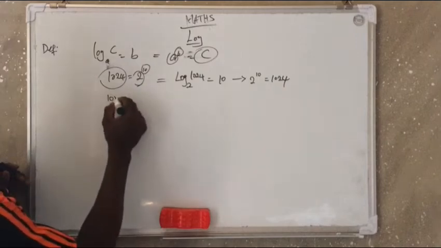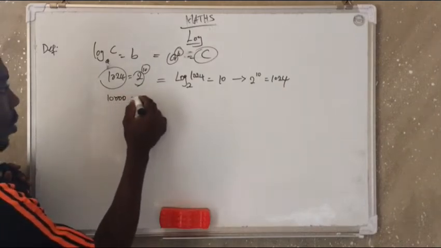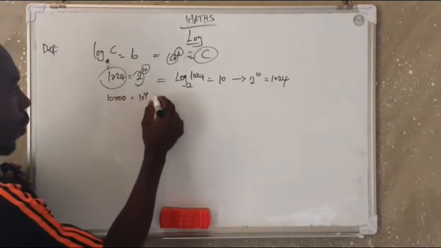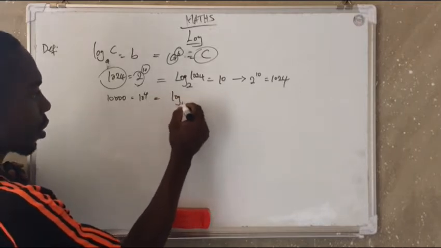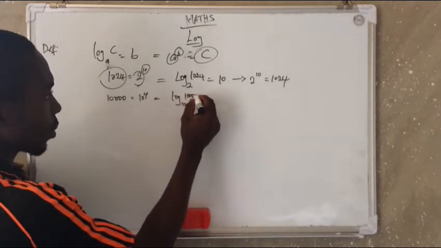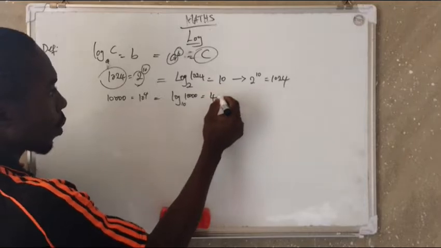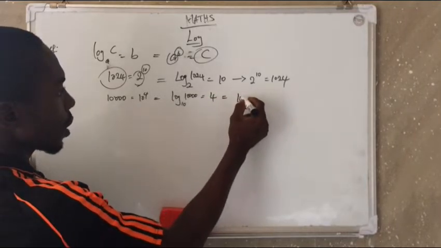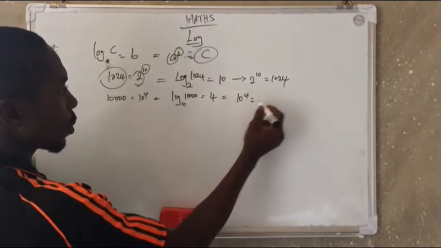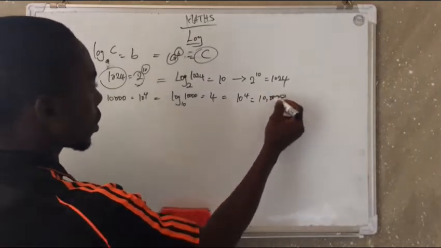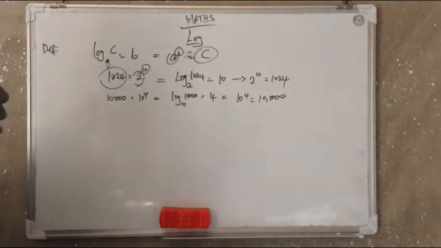Now let's take 10,000, which is equal to 10 to the power 4. This is log to the base 10 of 10,000 is 4, because when you raise 10 to the power 4, you have 10,000. And there are many examples of that.